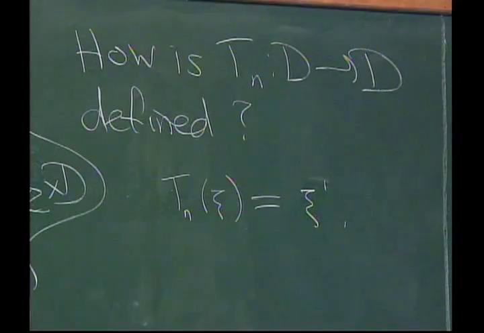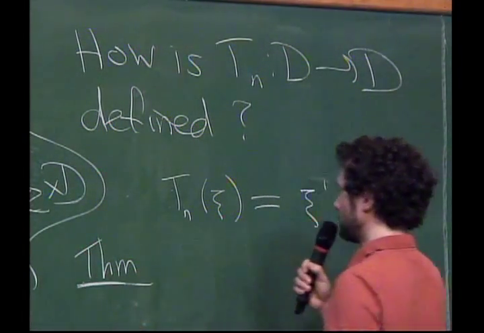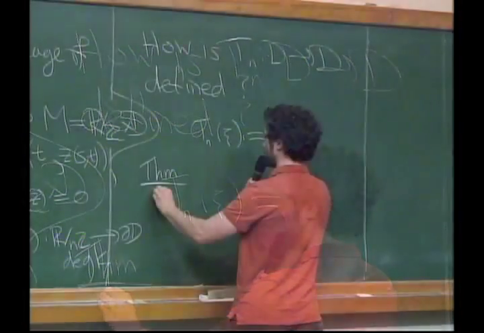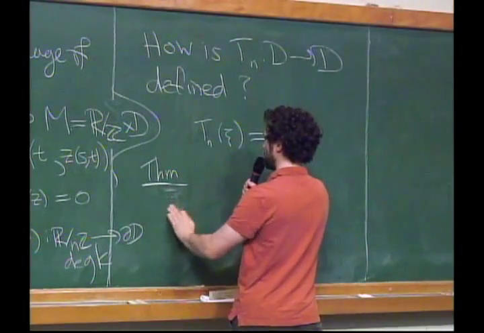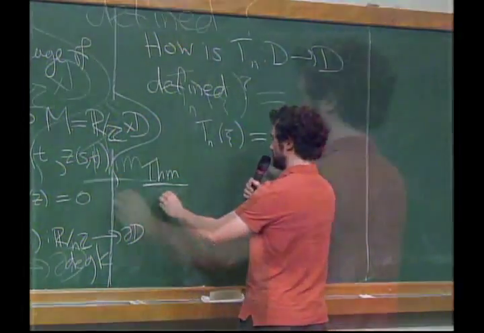And then the first theorem was that each T_n is conjugate to a rotation, and there's a subsequence converging to the actual pseudo-rotation.